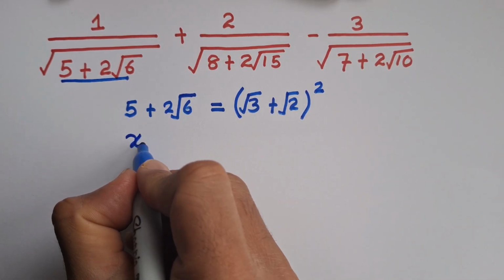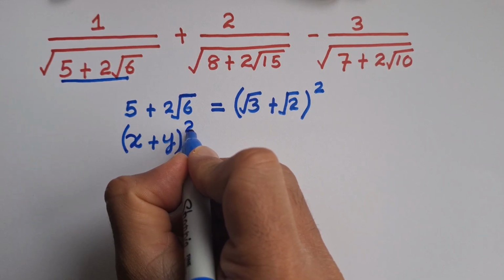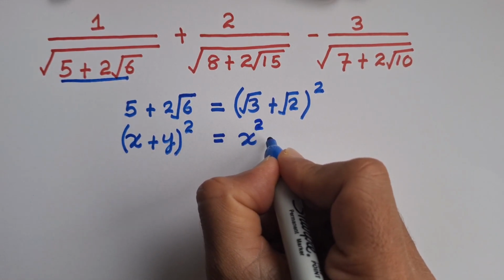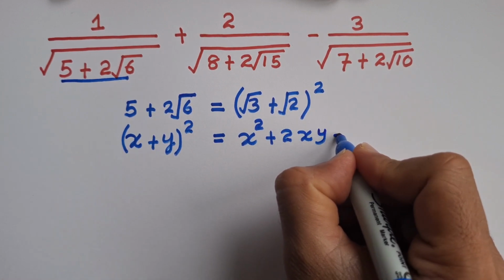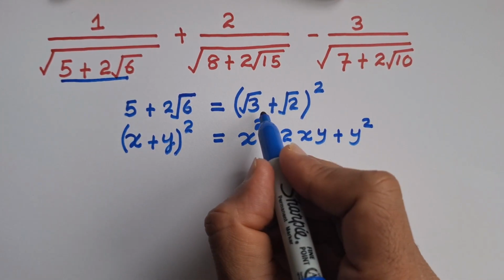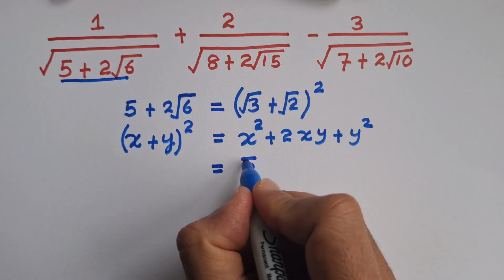Because we know that for any real numbers x and y, x plus y whole to the power 2 can be expanded as x squared plus 2 times x times y plus y squared. Just think x is equal to square root of 3 and y is equal to square root of 2.